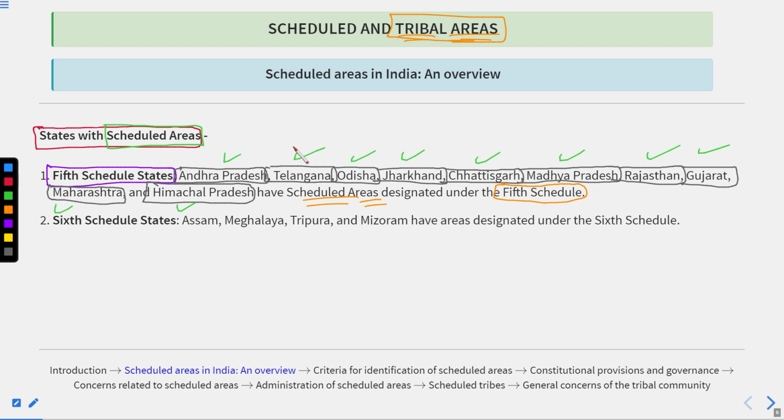So if we talk about the states that were highly affected in the Red Corridor, the state of Andhra Pradesh, the state of Telangana, Odisha, Jharkhand, Chhattisgarh, some part of Madhya Pradesh, okay, and Maharashtra. These are the states that were once part of the Red Corridor, and some states still have this Red Corridor, you can say, calamity. However, progress has been seen in the upliftment of tribal areas, the inclusion of tribal people in the mainstream, but still the problem of Naxalites and all is not gone.